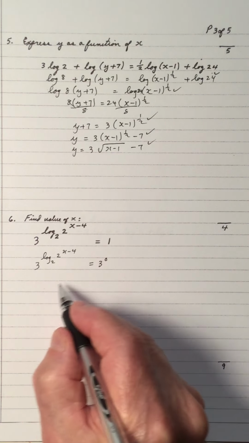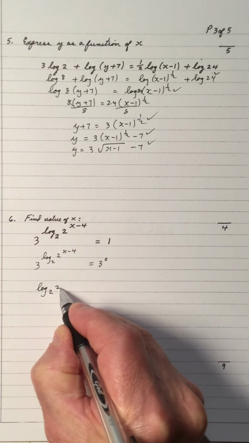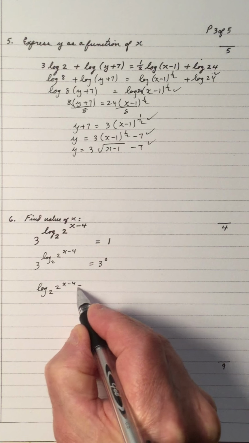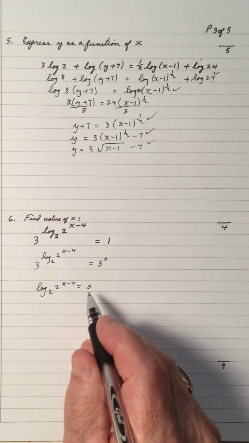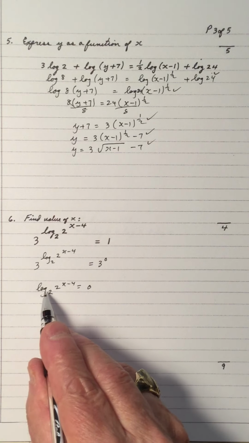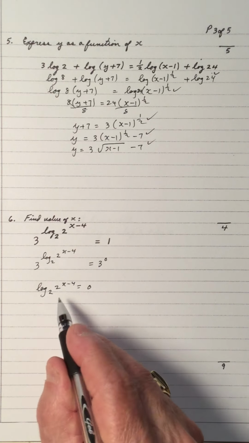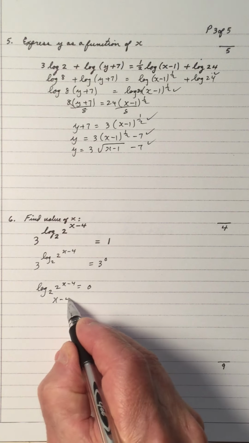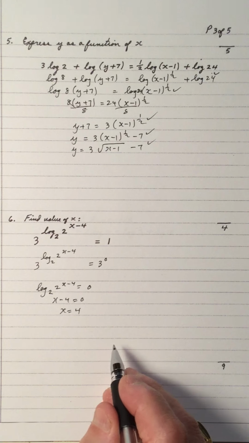So that means the bases are the same, so that means the log base 2 of 2 to the x minus 4 equals 0. So that means that if we have the log of a base, and this base here is the same as this one, that means x minus 4 equals 0. That means x is equal to 4.